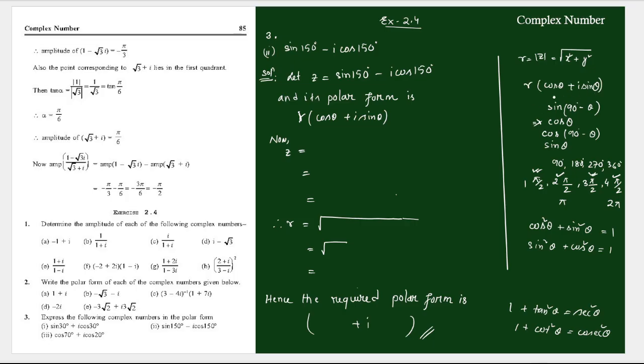This is our polar form. Now what is our z? Sine 150 minus I cos 150 degree.